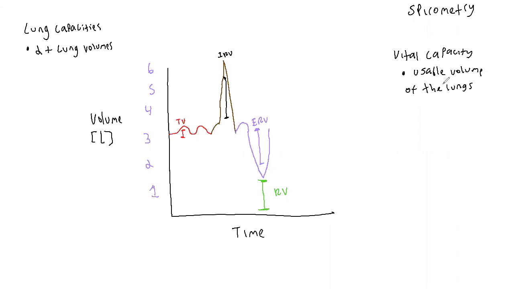And it is going to be the combination of three values: TV plus IRV plus ERV. So it's going to look like this. This here is going to be VC, or vital capacity, not Ventura College.